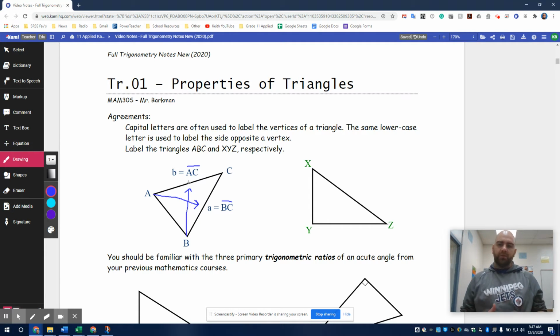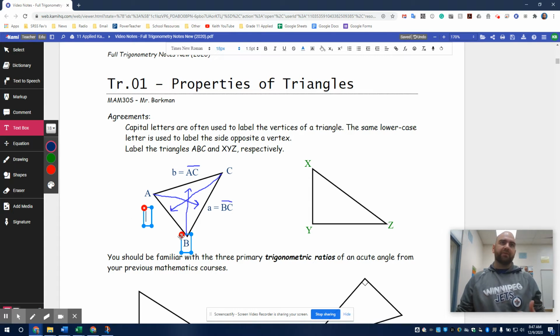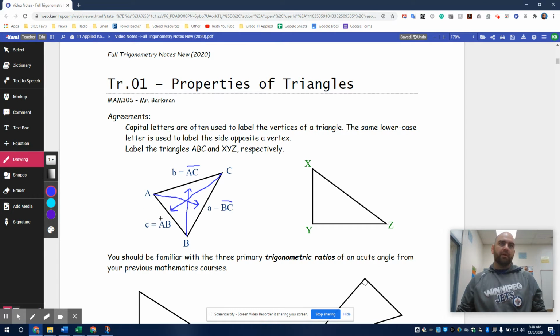Now, if we're just dealing with a triangle, we might as well just call it side b. But if we're dealing with something a lot bigger than a triangle, like we did back when we were looking at parallel lines and triangles, then we might want to consider this to be a line segment between A and C. And finally, across from C, so again, these are the ones that do not touch that specific vertex, this is side c or line segment AB. And again, we're going to put our little line over top there.